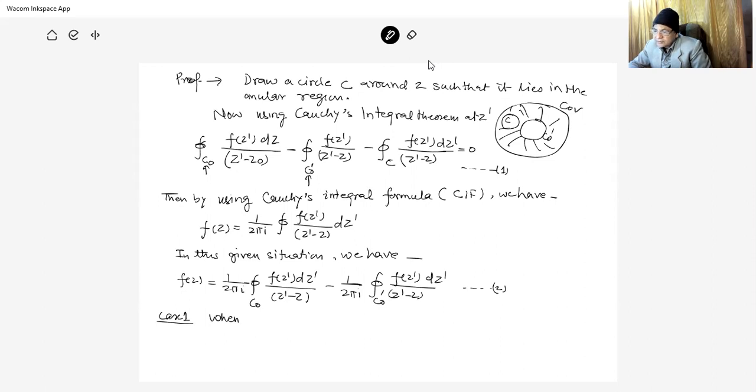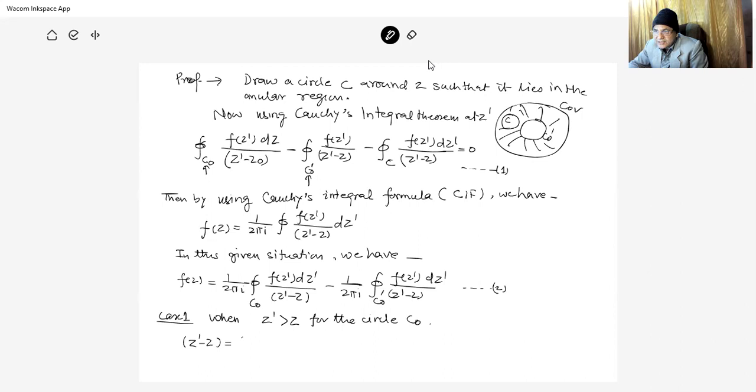For the circle C0, z' is greater than z, so it will be outside. So if z' is greater than z, then we consider this z' minus z.